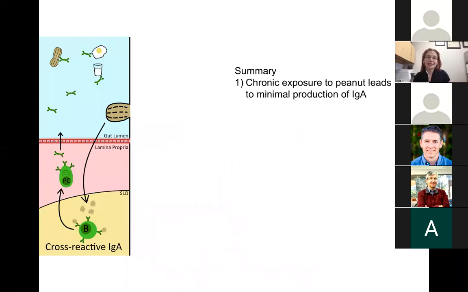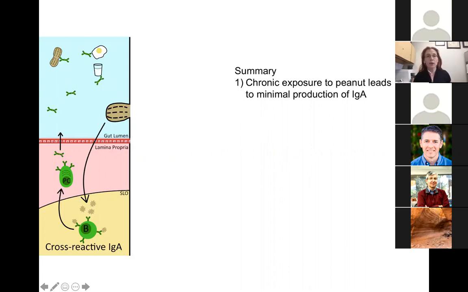So to summarize this, and I'll show you the model that we are working on, chronic peanut exposure really doesn't lead to much IgA. So if you have food antigens coming in, potentially, for example, like an oral tolerance type model, they don't seem to be activating much of a B cell response. You get a low-level B cell activation that makes a cross-reactive antibody that seems to bind a number of different antigens.